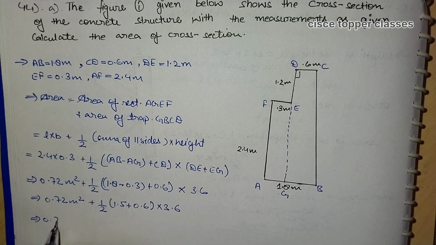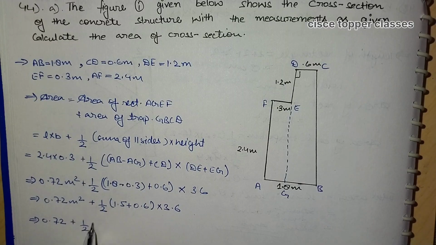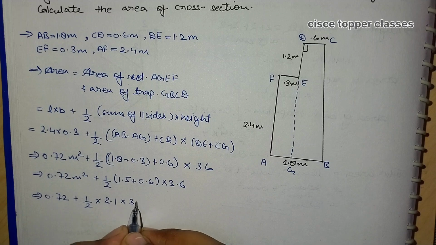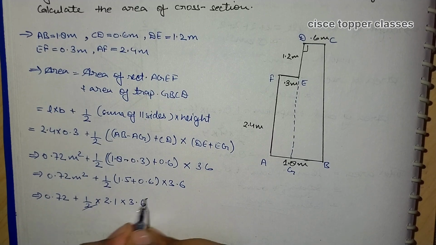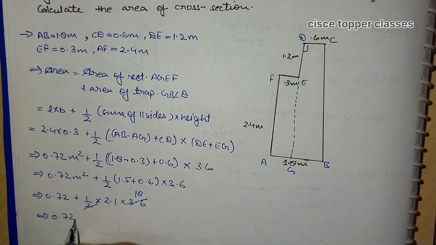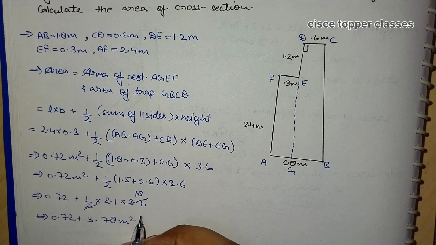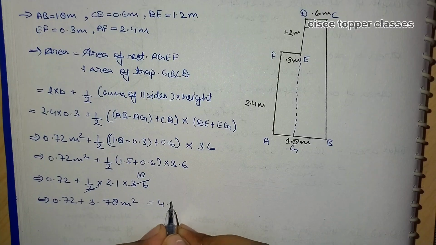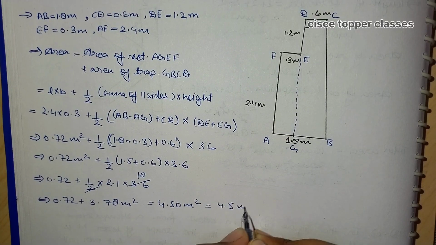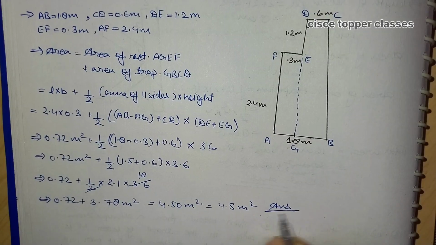So it will be 0.72 plus 1 by 2 into 2.1 into 3.6, that is 0.72 plus 3.78 on multiplying 2.1 with 1.8. Final answer will be 4.50 meters square, approximately 4.5 meters square.